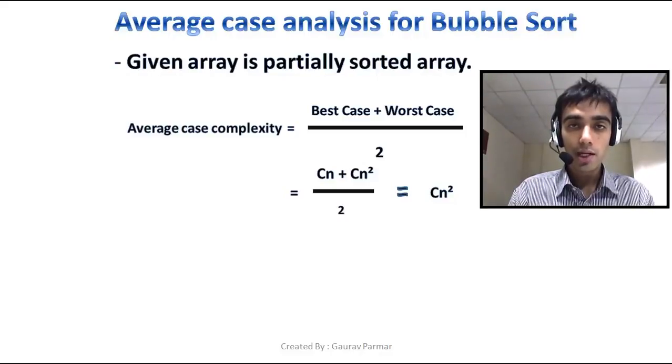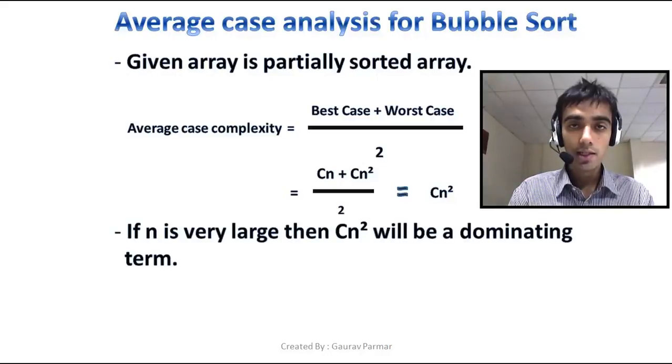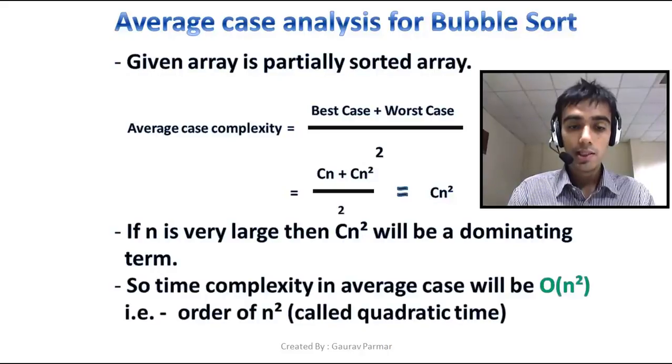If we are talking about the larger values of n, then the cn square will be the dominating term. So the time complexity in average case for bubble sort can be given by order of n square, or big O of n square, where order of n square is called quadratic time.